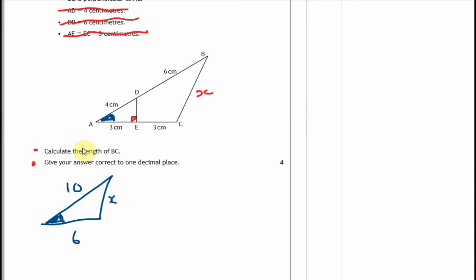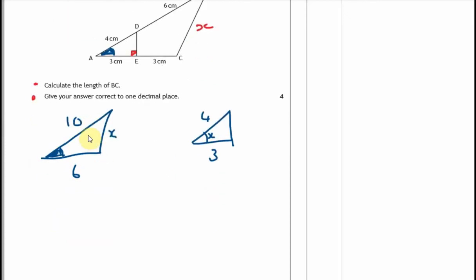Okay, so let's start with that smaller triangle in there. I've got 3 and I've got 4, and I'm going to call that angle x. So I know the adjacent, I know the hypotenuse, so CAH. It's going to be cos x.